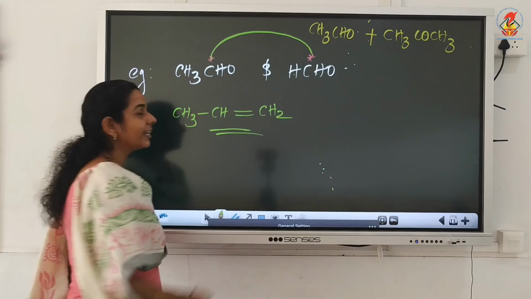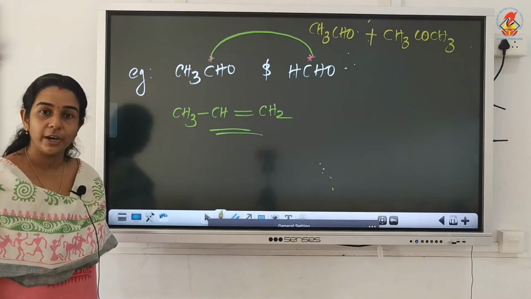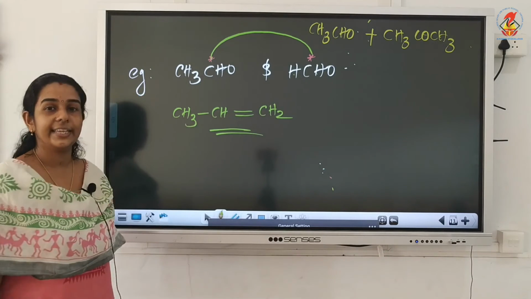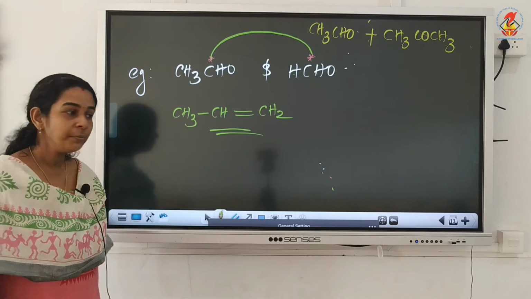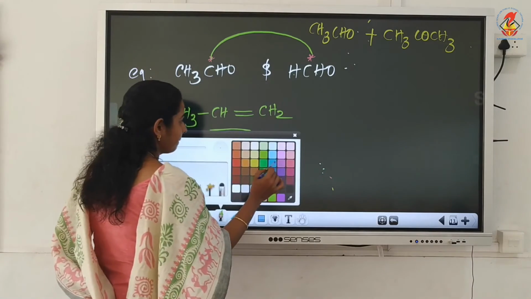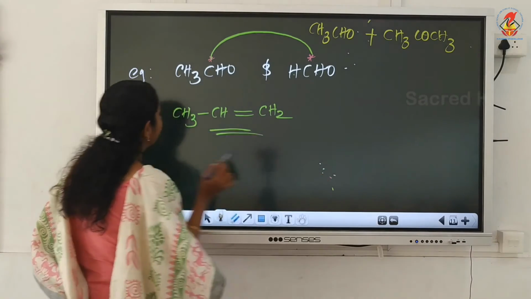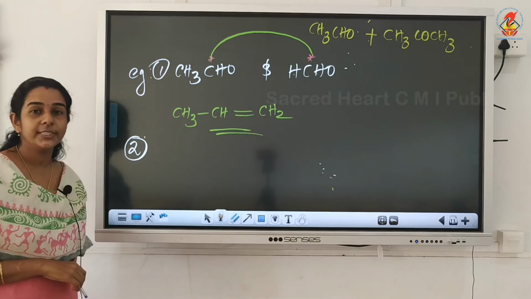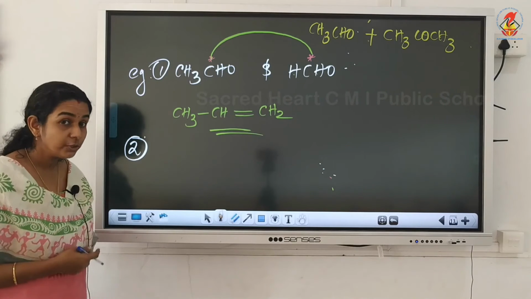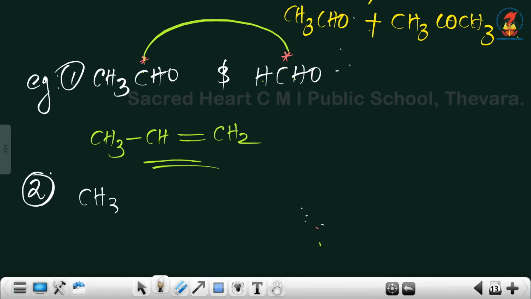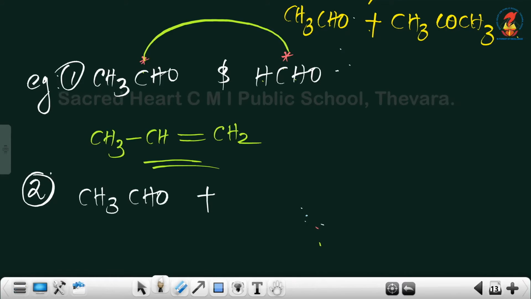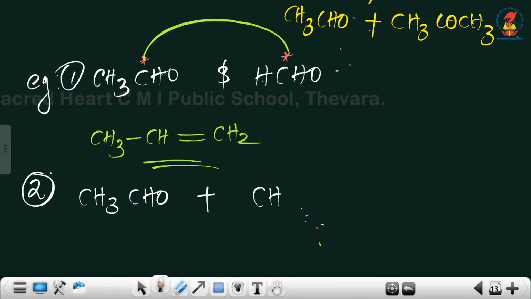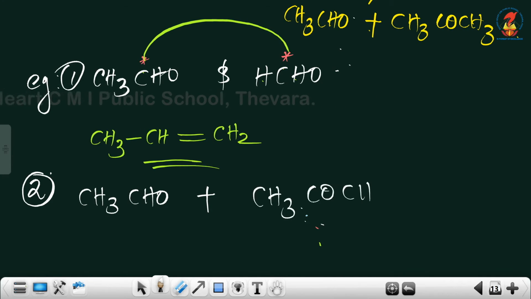So from which alkene are these two aldehydes formed after ozonolysis? This is the alkene. One more example we will see. The products of ozonolysis are CH3CHO and CH3COCH3.